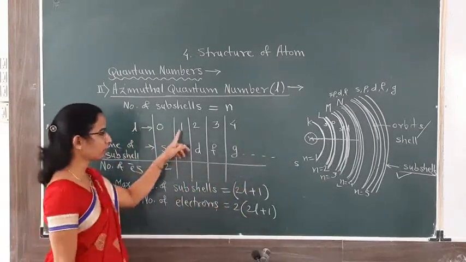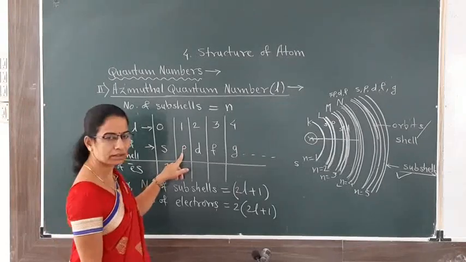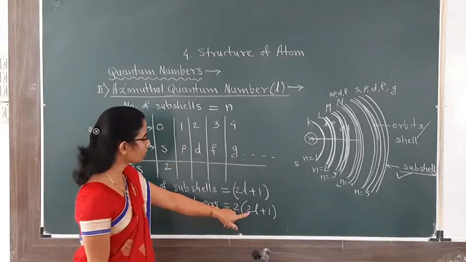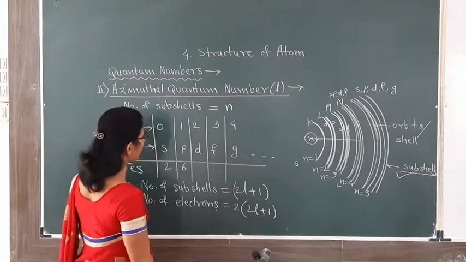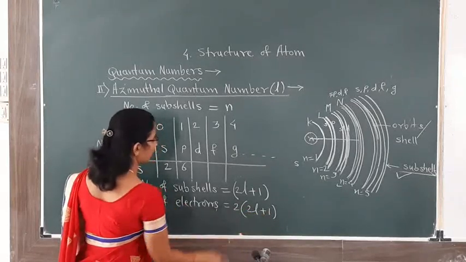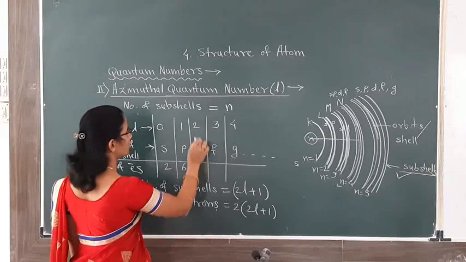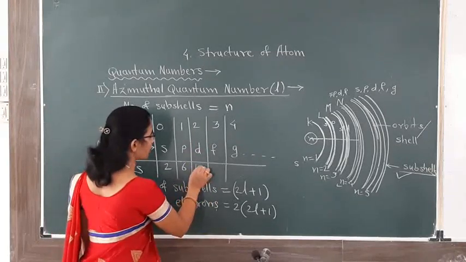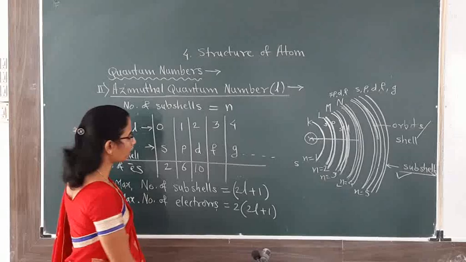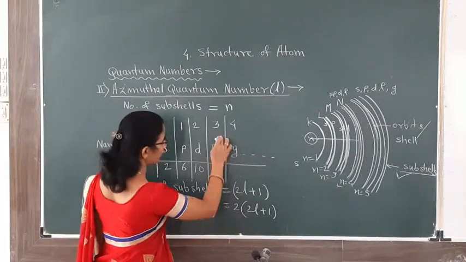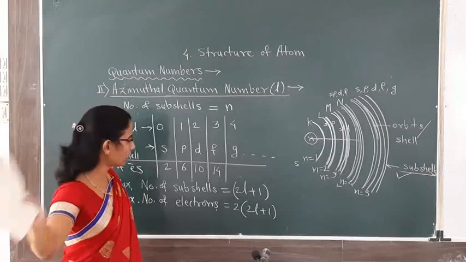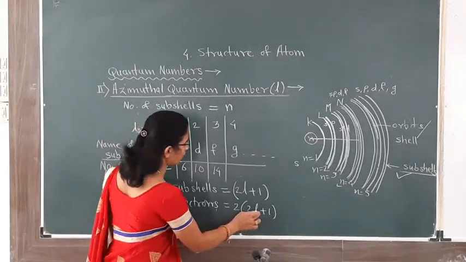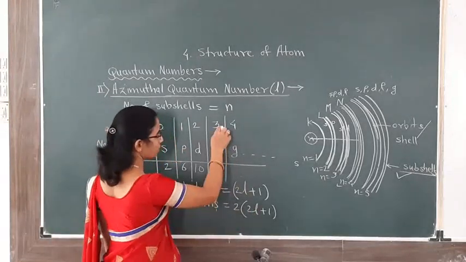If you take the p subshell, here the number of electrons will be 6, because 2 into 2 into 1 plus 1, that is 3, 3 2s are 6. Similarly, in the d subshell you will find 10 electrons, while in the f subshell 14 electrons will be present if you put the value of l as 3.